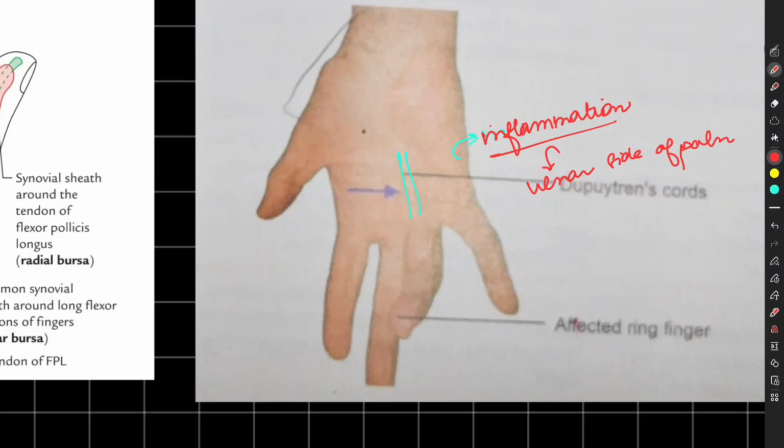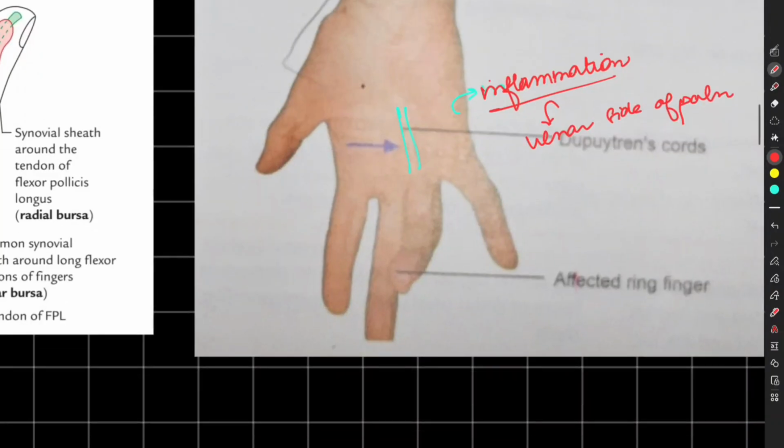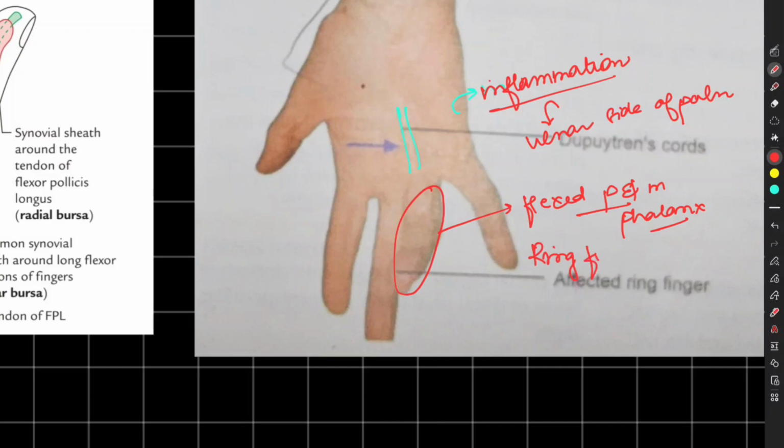If we look, there is thickening and contraction of the aponeurosis, because of which you can see that the proximal phalanx and later the middle phalanx become flexed, and you cannot make them straight, so the fingers cannot be straightened. Mostly the involved finger is the ring finger.